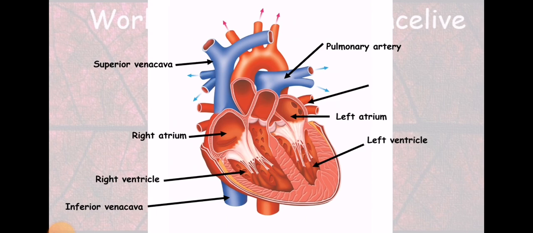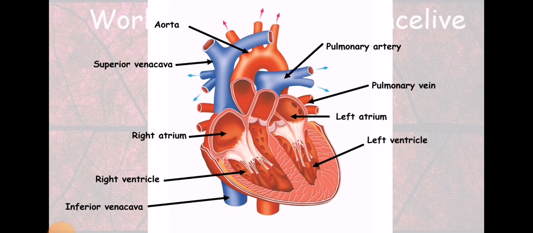When the pressure of the left atrium is high, the bicuspid valve in between the left atrium and left ventricle opens and blood flows into the left ventricle. When the left ventricle is filled with blood and its pressure is high, it pumps blood into the aorta. The aorta is the main blood vessel in our body.